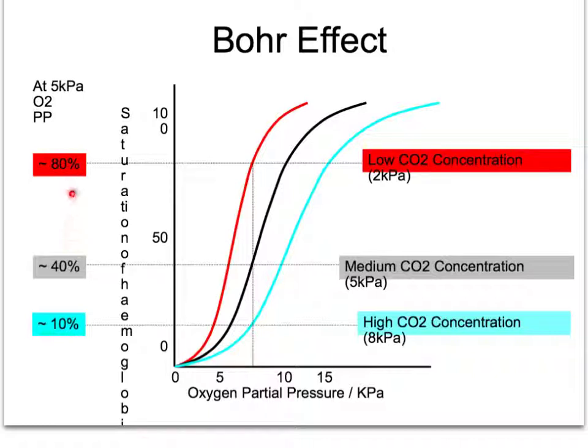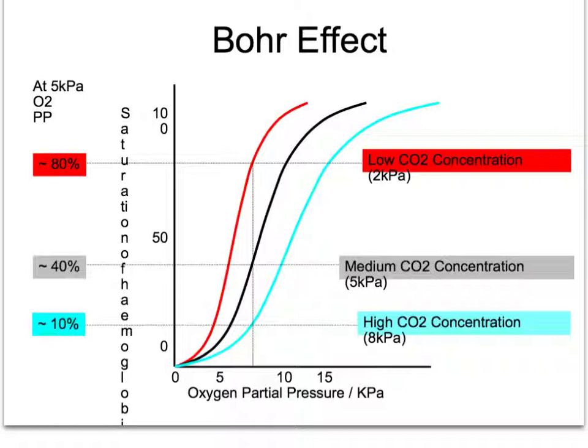So in other words, it's released 40%. It's gone down from 80 to 40%, which is great because there's an increase in carbon dioxide concentration here. That means those mitochondria are respiring. That means they need that extra oxygen, and that's been supplied. And if we increase the carbon dioxide concentration even further, again, shift of the curve to the right, further oxygen being released, further oxygen supply to the mitochondria.